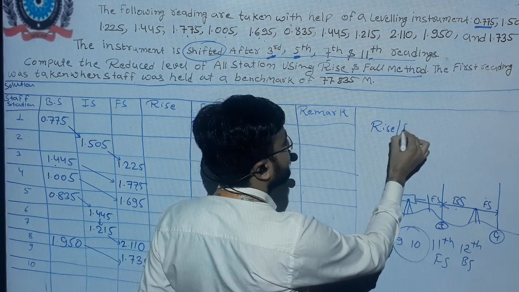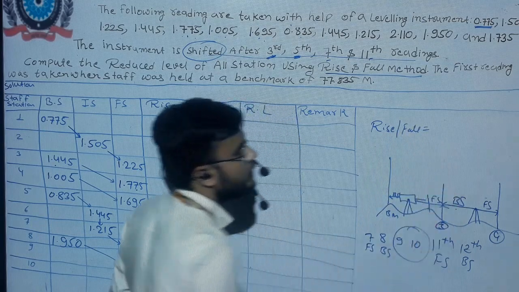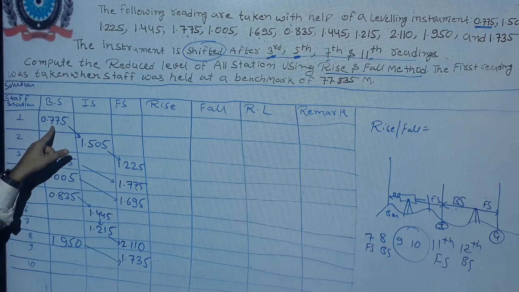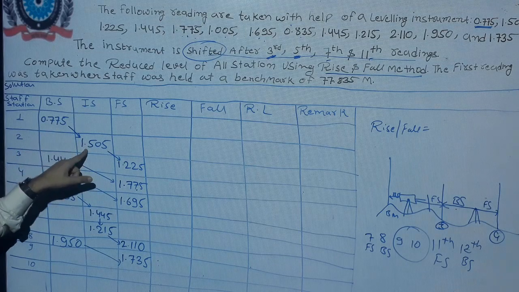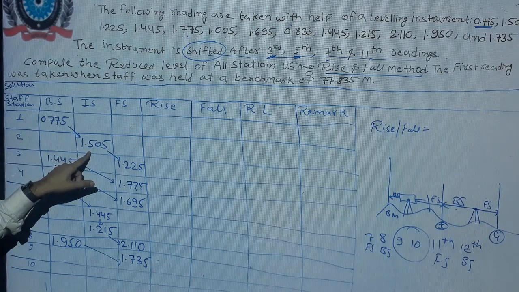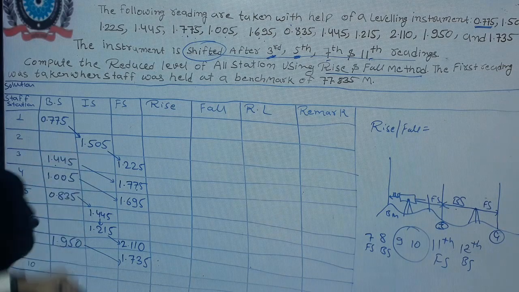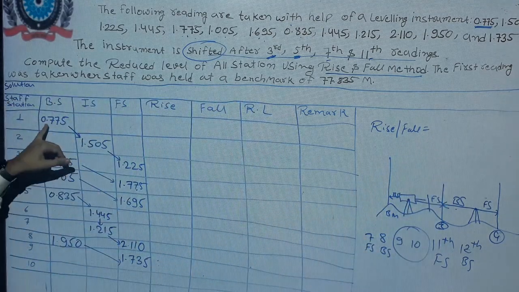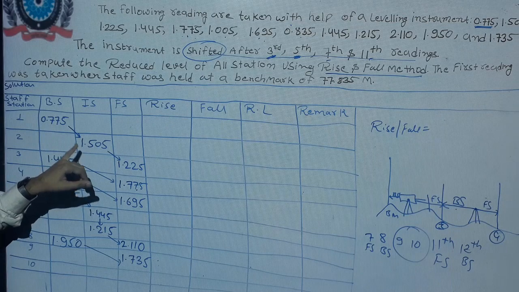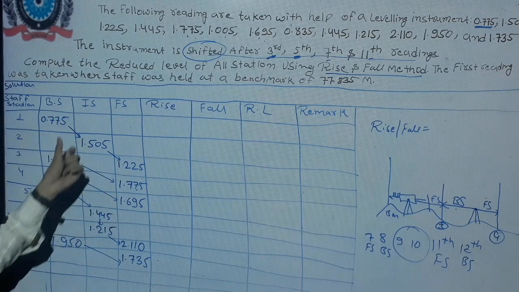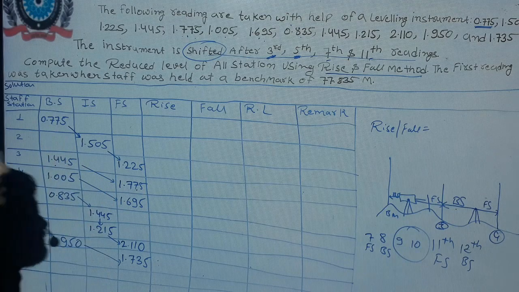Always subtract the next reading from the previous reading. It means backside minus intersight. If the difference is negative, it will be considered a fall, and if the difference is positive, it will be considered a rise.